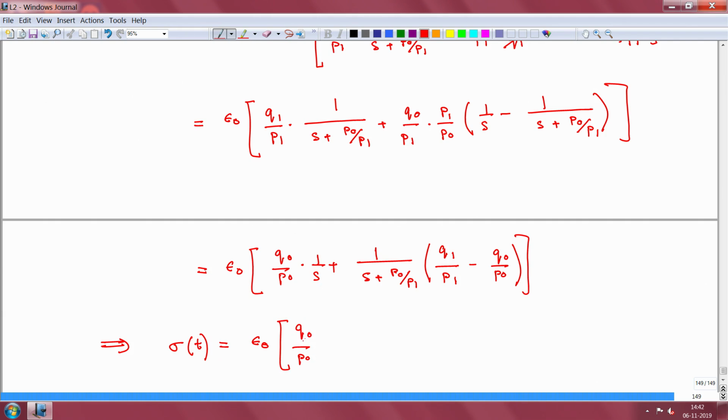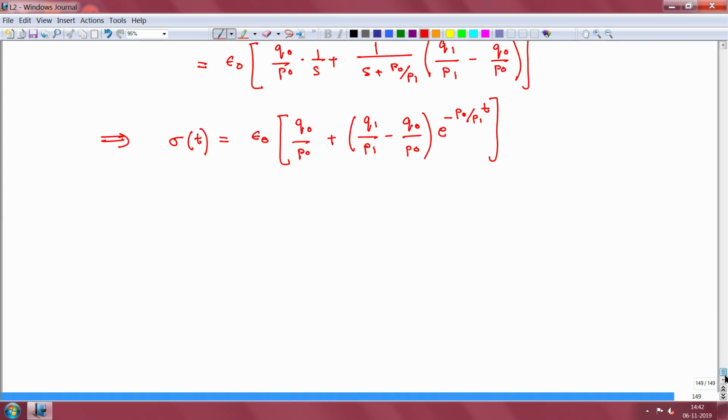So, this is just the fraction, and here you have q 1 by p 1 minus q naught by p naught e to the power minus p 0 by p 1 t. So, if I just divide these two, you have sigma t by epsilon naught, which is the stress relaxation function, right. So, we are seeking that anyway.